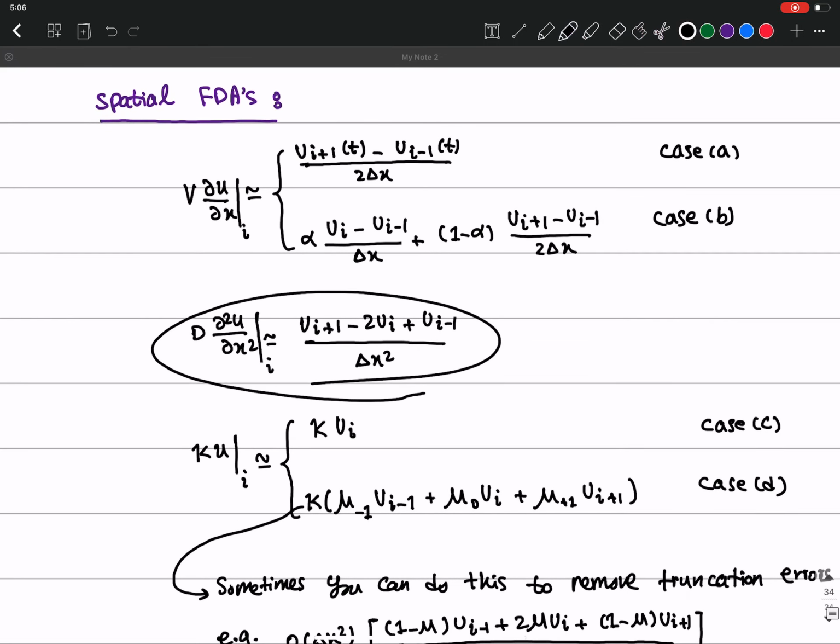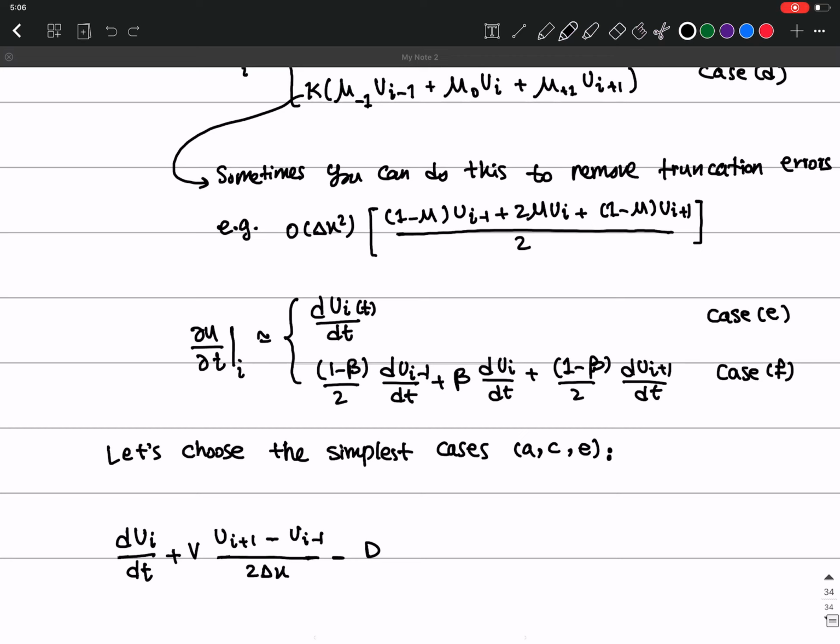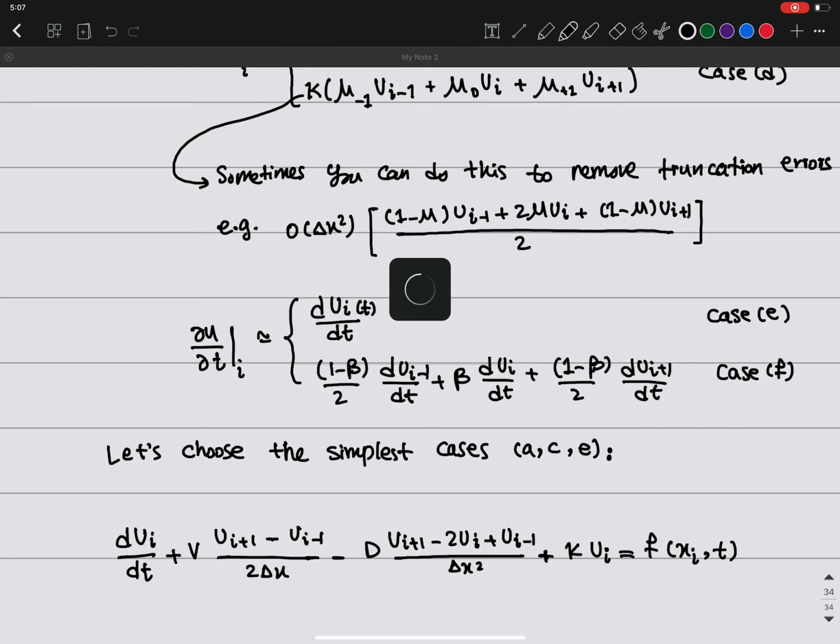And I only wrote one approximation, so I'm going to just use that: (u_i plus 1 minus 2 u_i plus u_i minus 1) over delta x squared, plus kappa u_i equals f at x_i and t. Okay, so this is the discretized equation in space. We have not touched the time yet, and we are going to do it later.